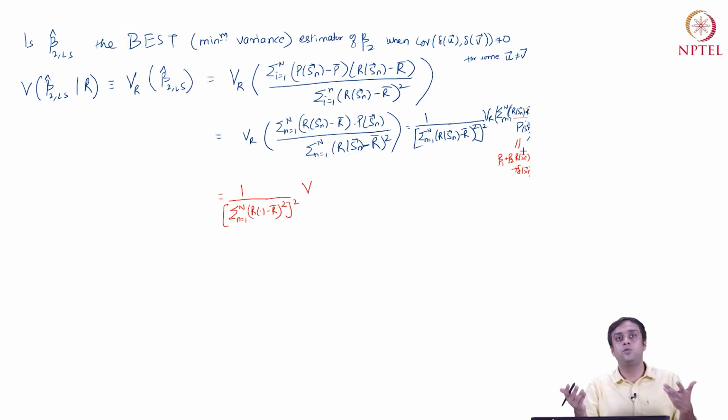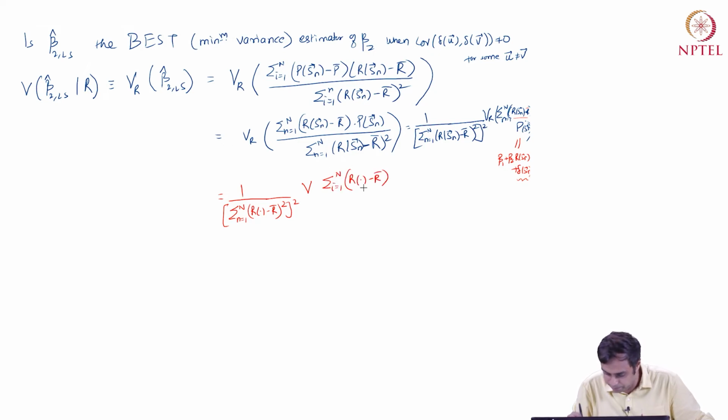So the only thing that is going to remain inside the variance operator is the random variable term delta. So I'm going to work with summation 1 to n R minus R bar times delta Sn.